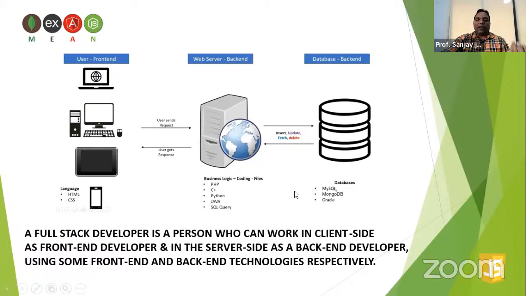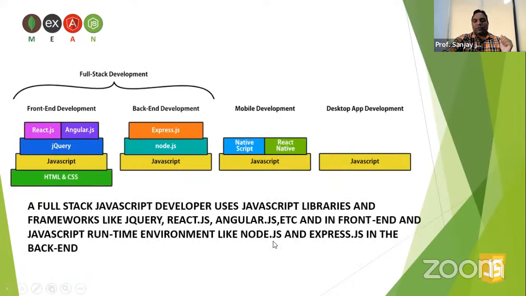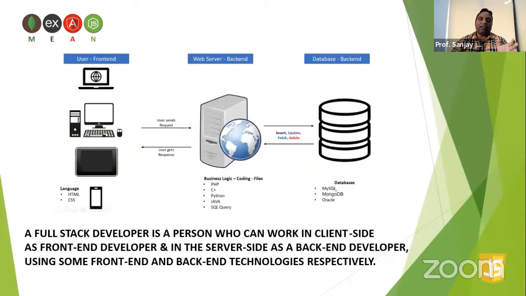So let's move ahead and understand what exactly full stack development is in terms of JavaScript. In the previous diagram you saw, when we talked about full stack development, we talked about different programming languages and databases, and also front-end technology, HTML and CSS.